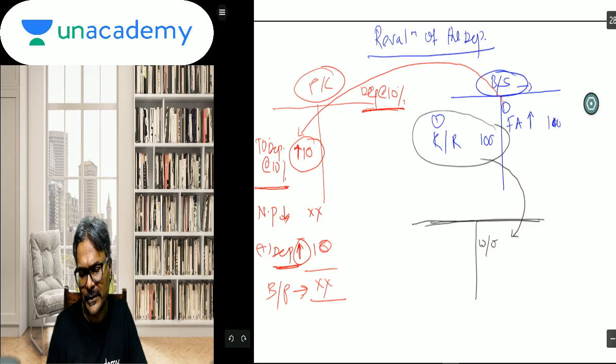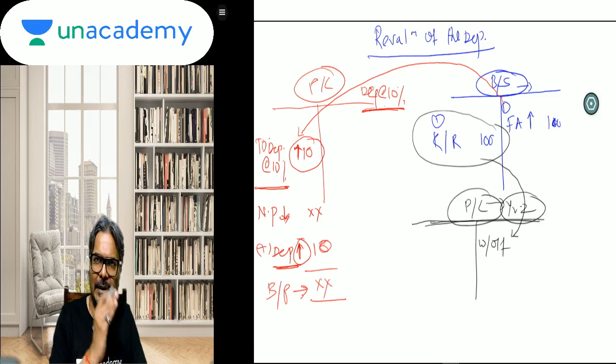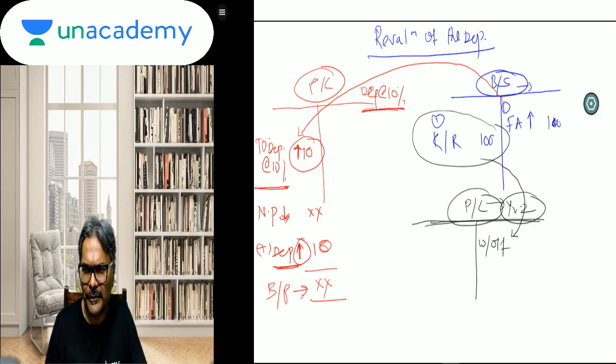Now the moment you write off, students, the write off will happen in the profit and loss account. Say for example this is year number 2. Generally the write off would be matched with the depreciation portion of the revaluation. That is the matching concept, but still the policy may be different.